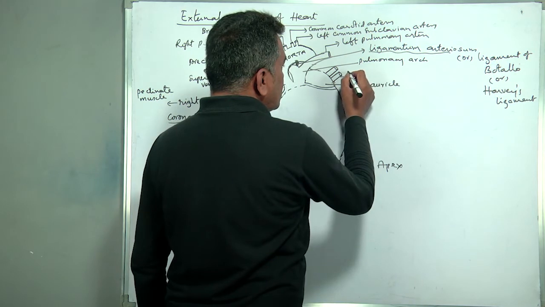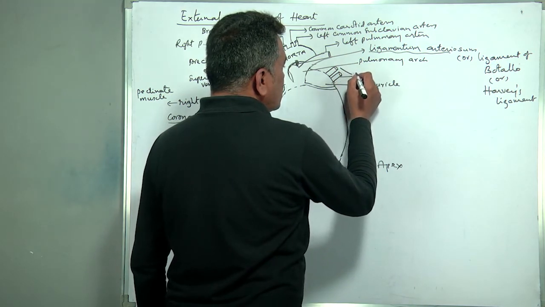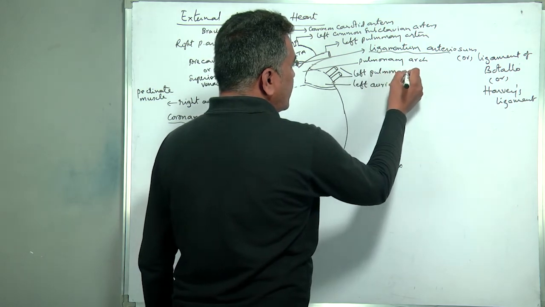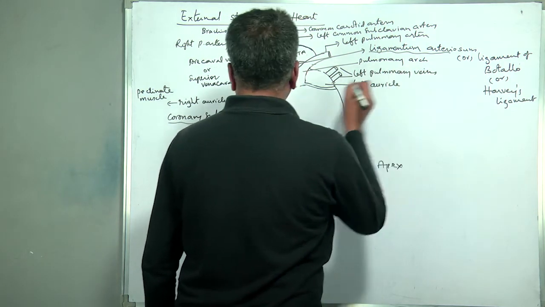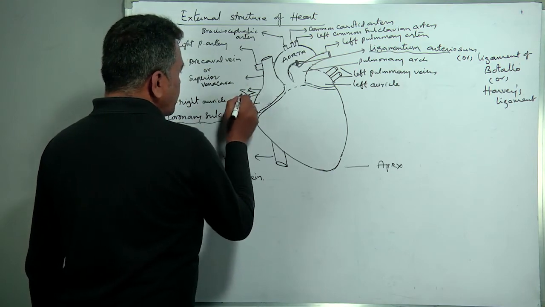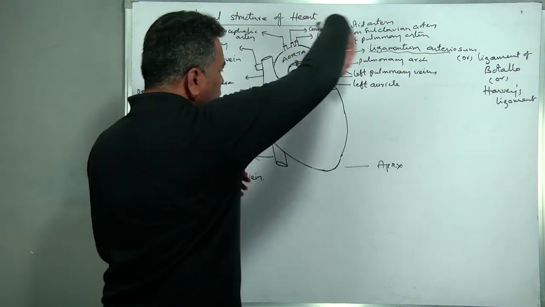These are the two left pulmonary veins. Likewise, you have the two on the other side. It goes through the back side.